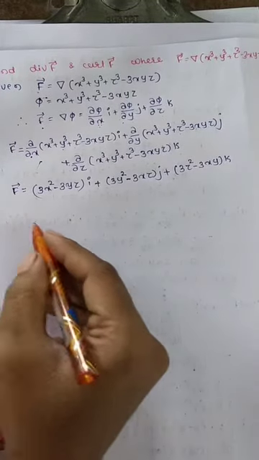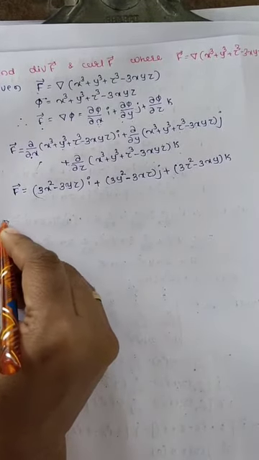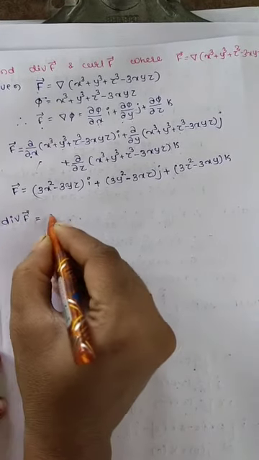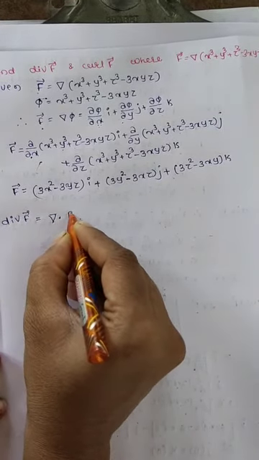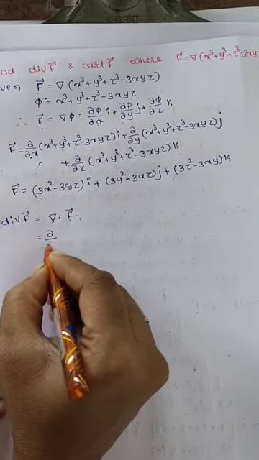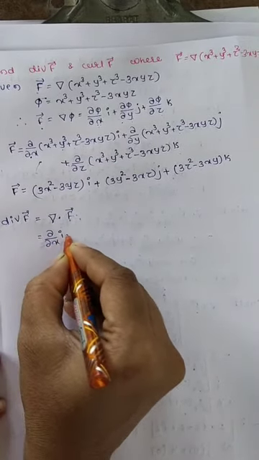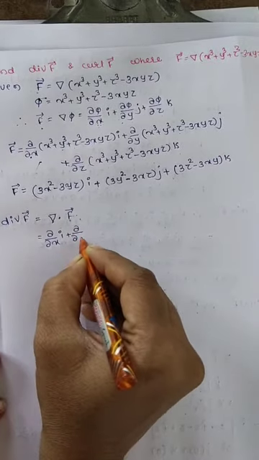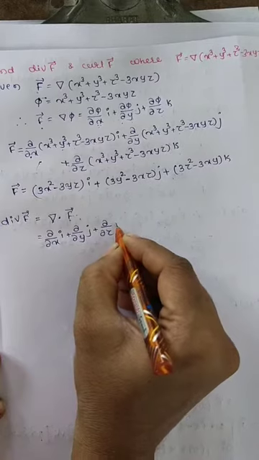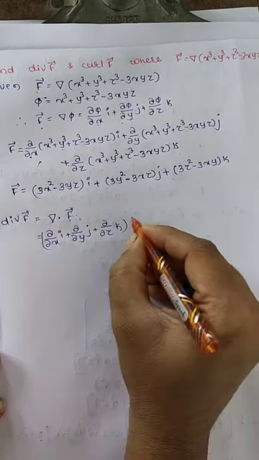After getting the vector f, we have to find the divergence of vector f, which is del dot vector f. As we already know, del is ∂/∂x i plus ∂/∂y j plus ∂/∂z k.